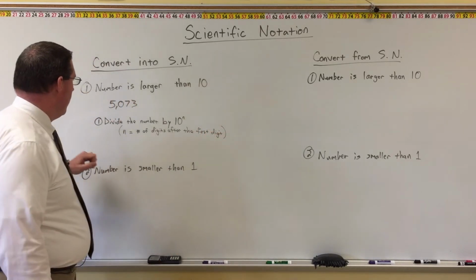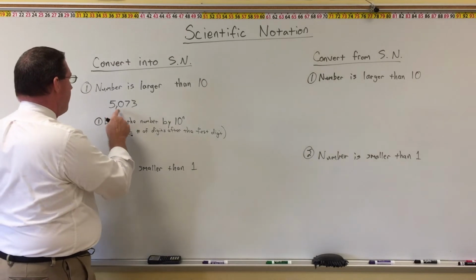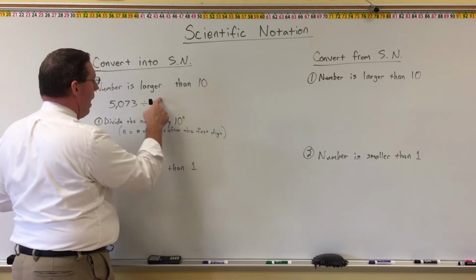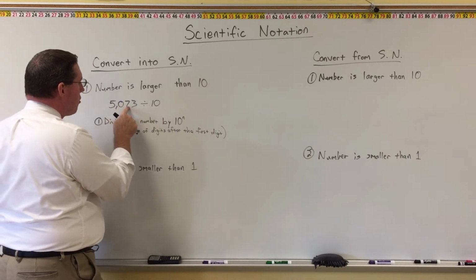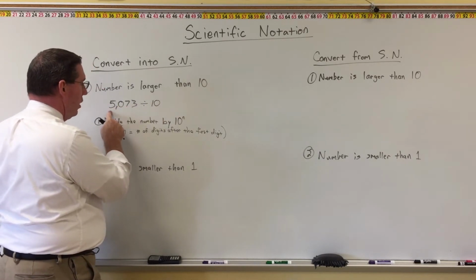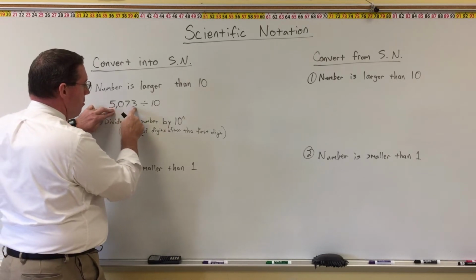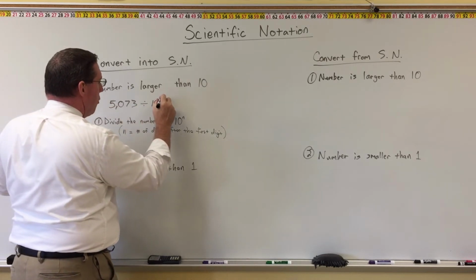All right, so here we go. I'm going to divide 5,073 by 10 to the power of, well, how many digits are after the first digit? I'm going to ignore the first digit, and then I have 1, 2, 3 digits. So I'm going to divide by 10 to the third power.